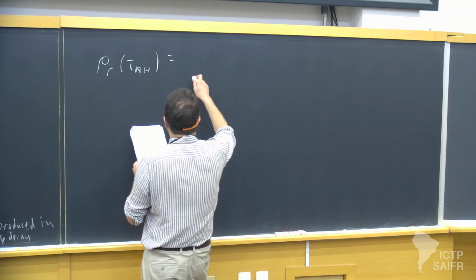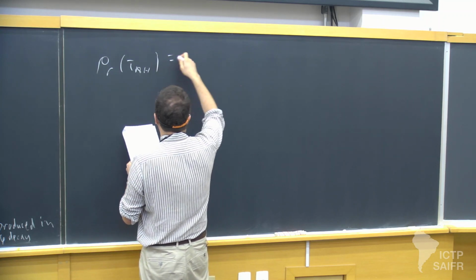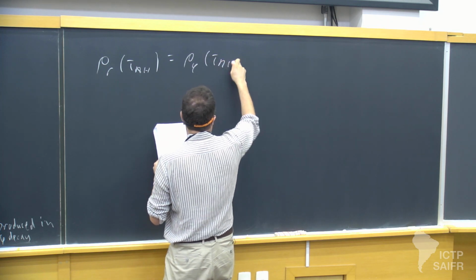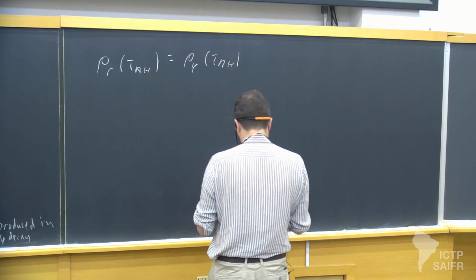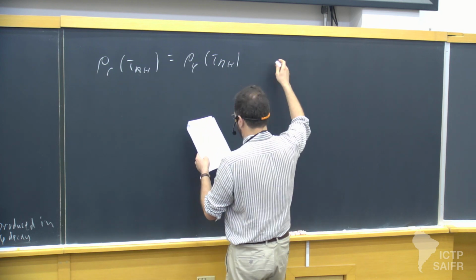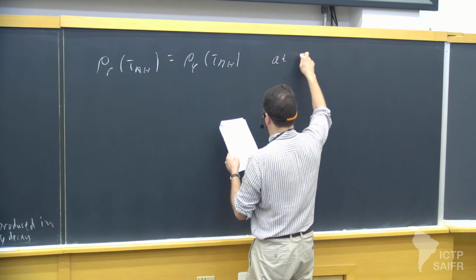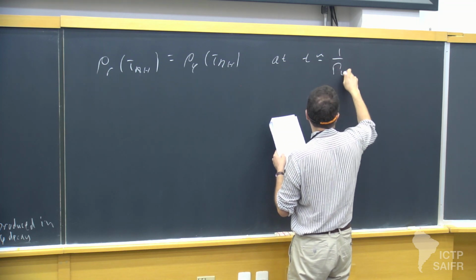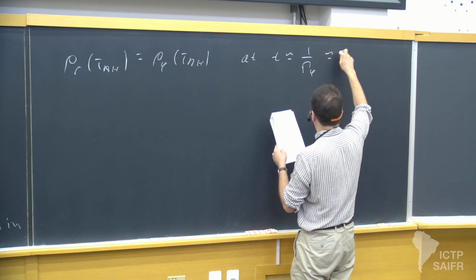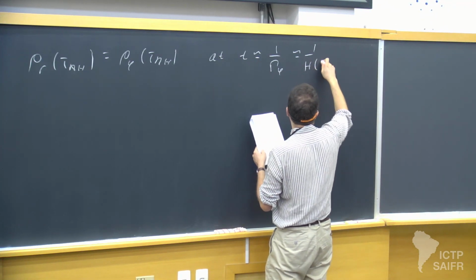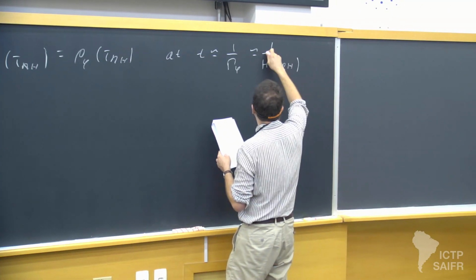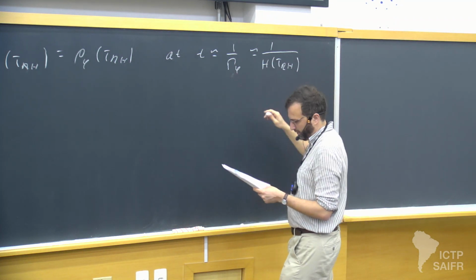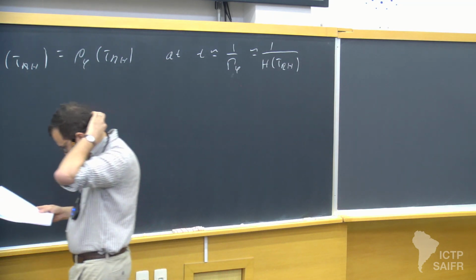So rho phi equals rho radiation at T reheat, okay? And this occurs when T is roughly 1 on gamma phi, or roughly 1 on H at T reheat, okay? So this is just equating the time of the decay with the Hubble rate. Okay.